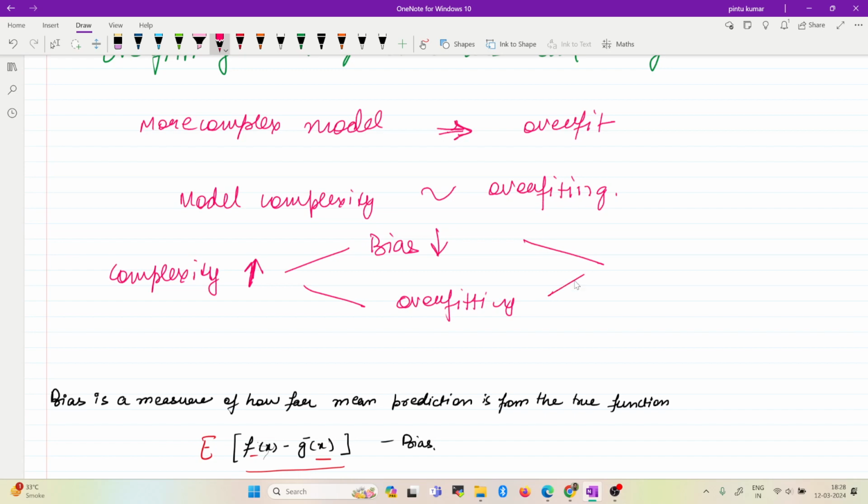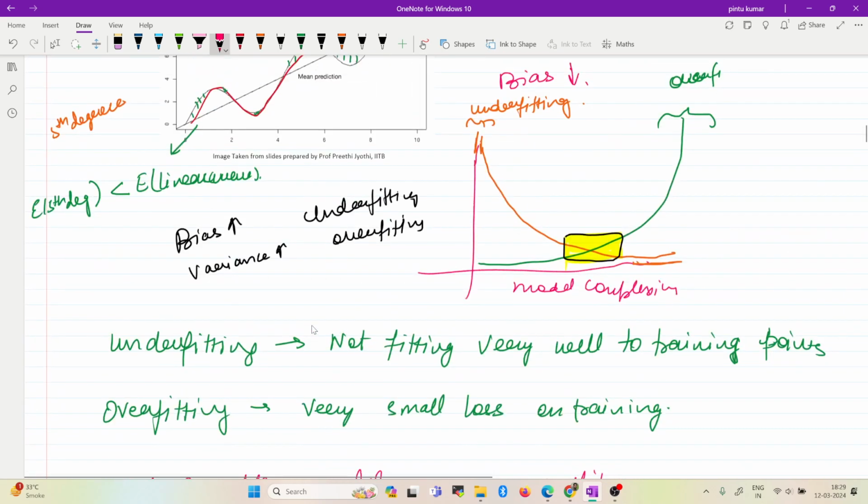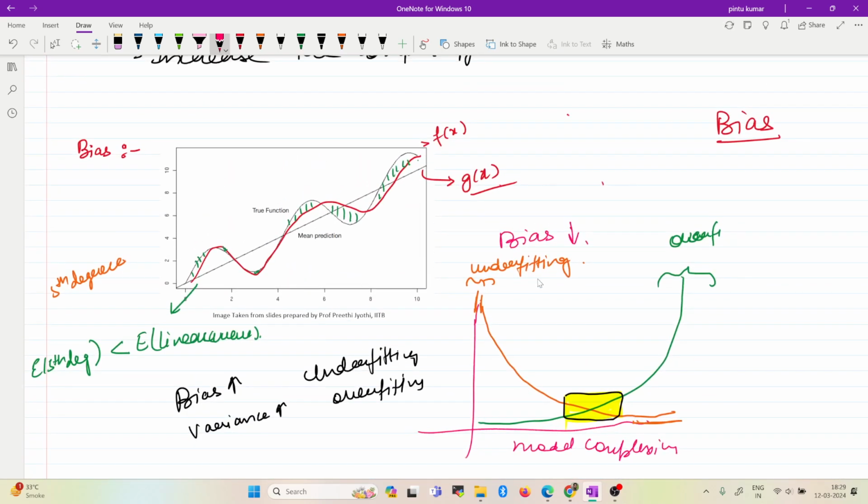So this implies that if your bias is low, you are overfitting, and vice versa, if your bias is high, you are underfitting. So bias is sort of inversely proportional to your overfitting. Let's see how this behaves.